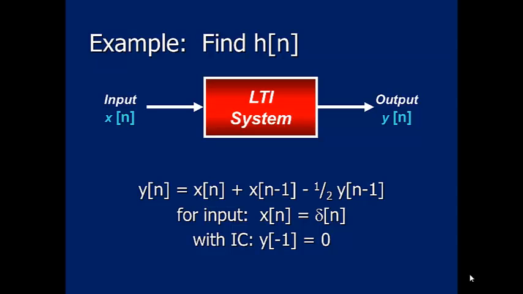We've already solved the characteristic equation for this system. We saw the characteristic equation was z plus 1/2 equals 0, so z equals minus 1/2, right? From the difference equation. So our natural response piece is going to be some unknown k times minus 1/2 to the n.